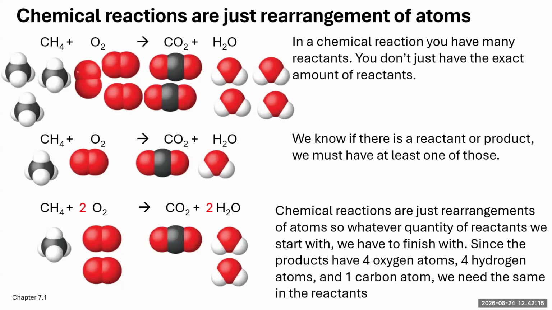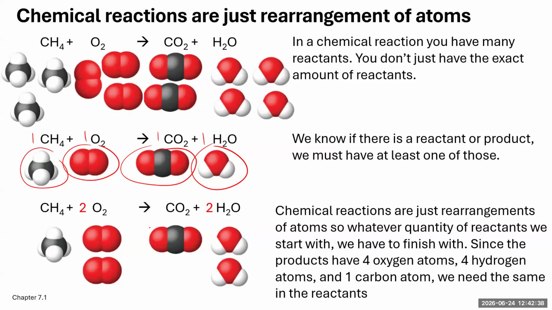So let's take a look. So we know that if there is a reactant or product, we have at least one of those. So that's our starting point. Our starting point is 1, 1, 1, and 1. Again, chemical reactions are just rearrangements of atoms. So whatever quantity of reactants we start with, we have to finish with.